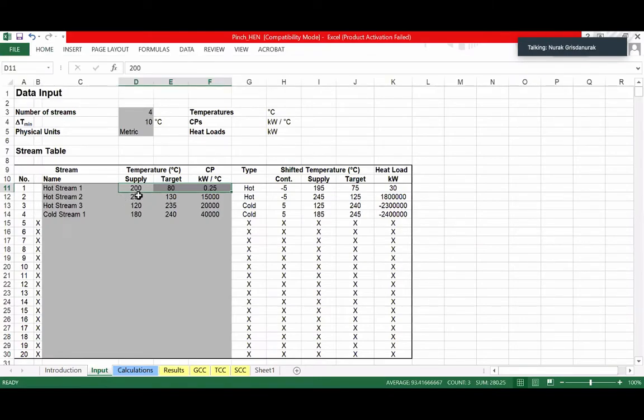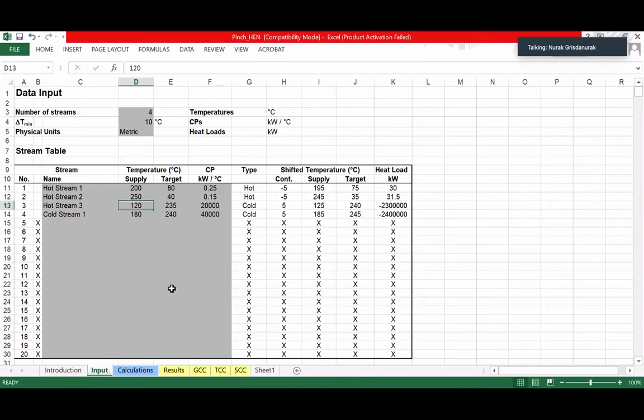Hot stream number 2: we have 125 going down to 40. How much for the CP? 0.15.